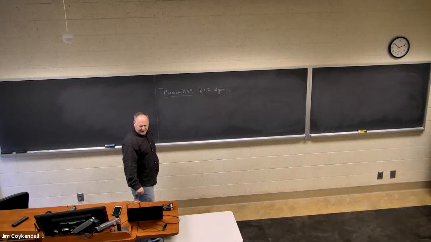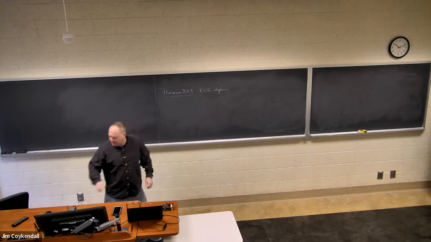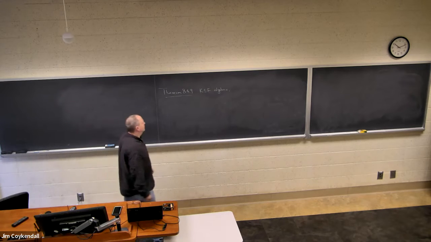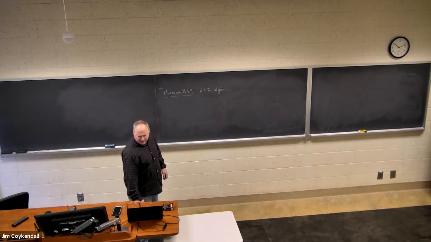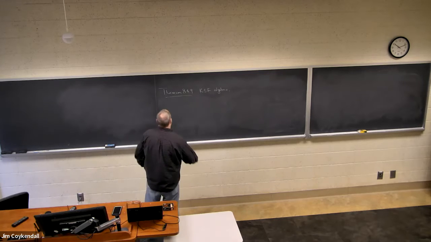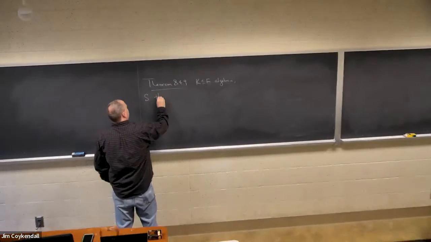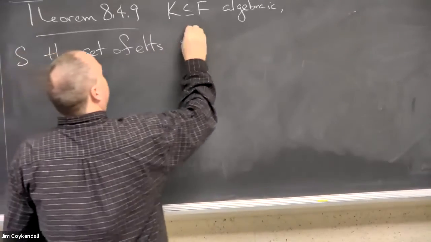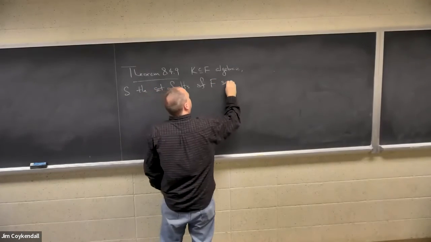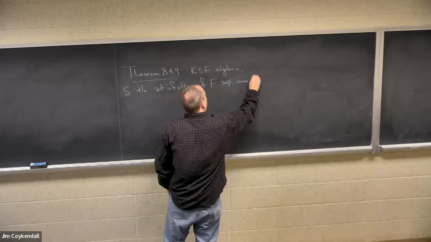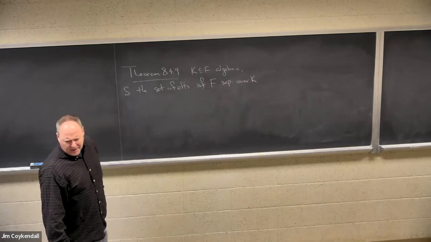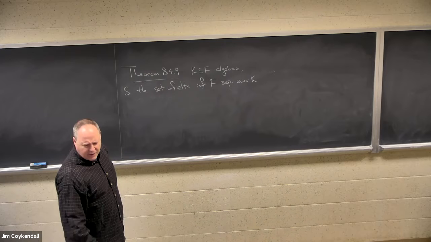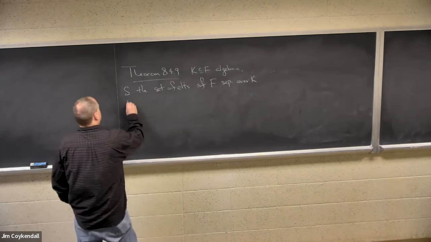S is the set of elements of F that are separable over K, and P the set of elements of F that are purely inseparable.